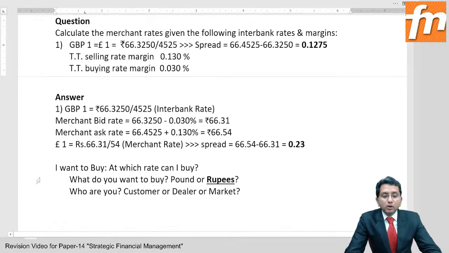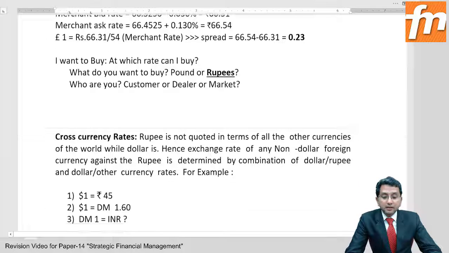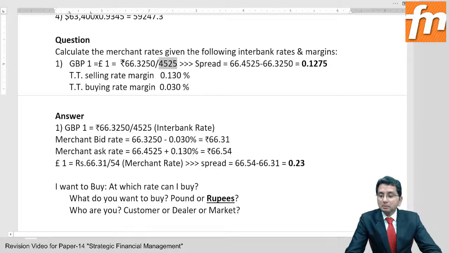So suppose I am the quote taker, it means that I can sell pound at 66.3250 while I can buy pounds at 66.4525, being the quote maker. Okay.